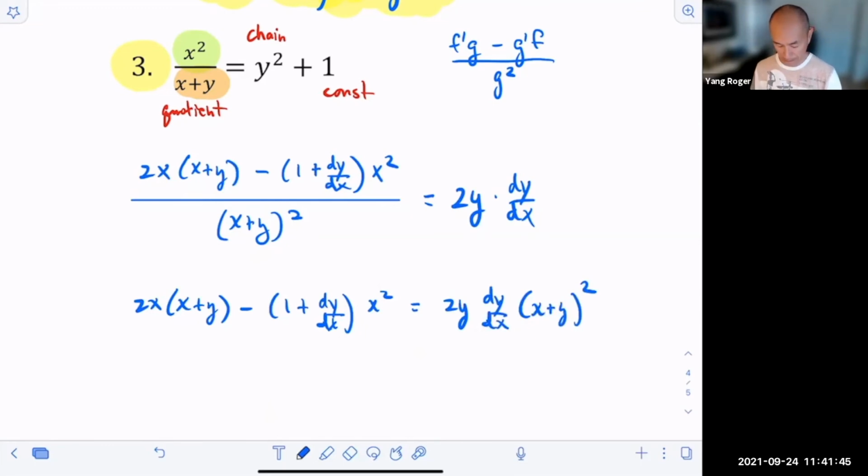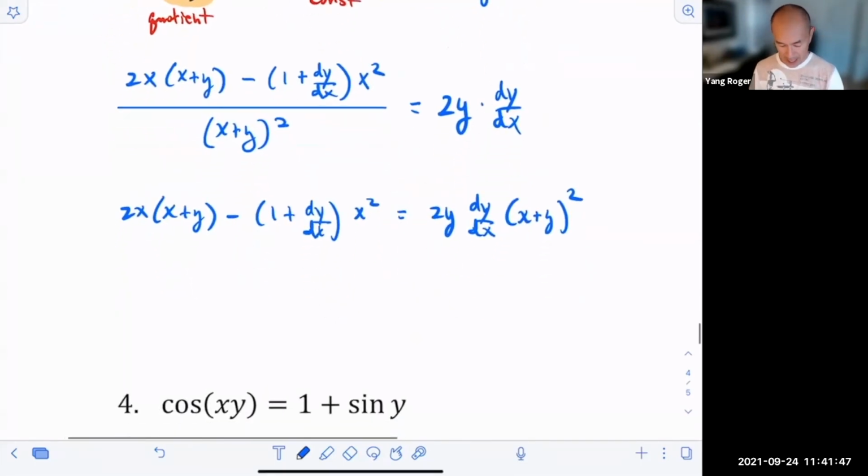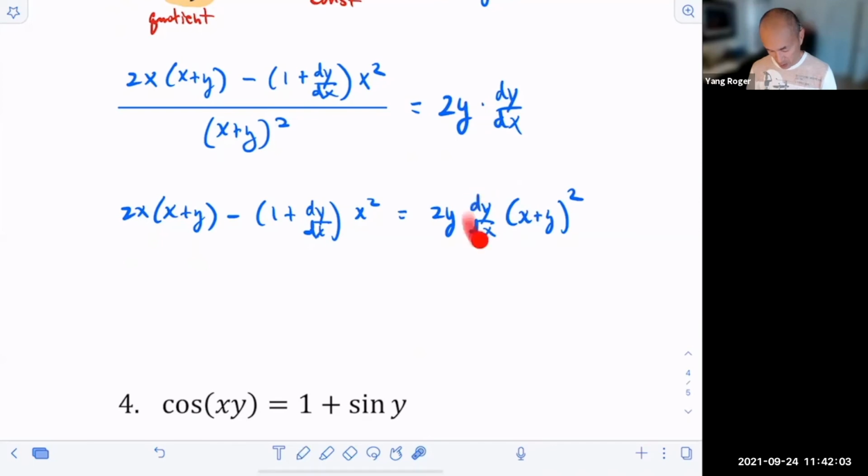Okay. The next thing I want to do is move everything involving dy dx to one side, move everything else to the other. I see I have a dy dx over here. I have a dy dx over here. This one does not have a dy dx. So let's write it like this.